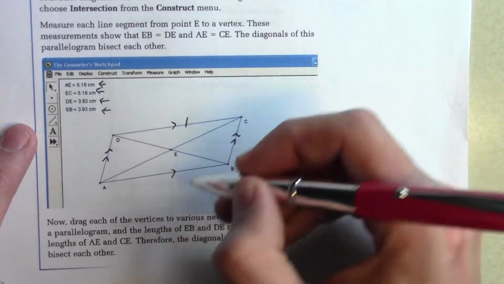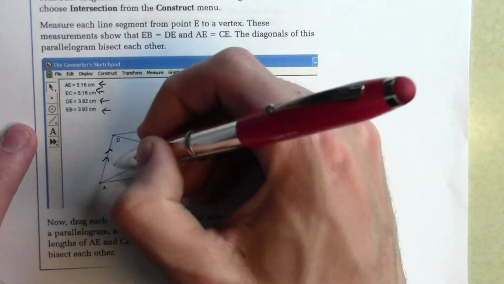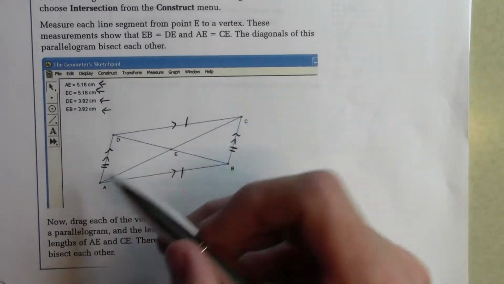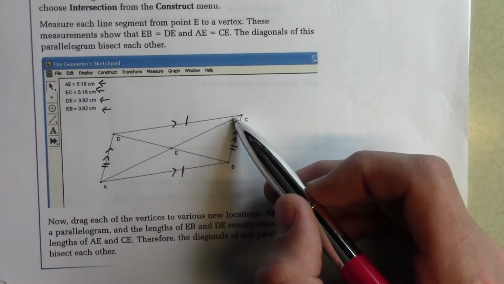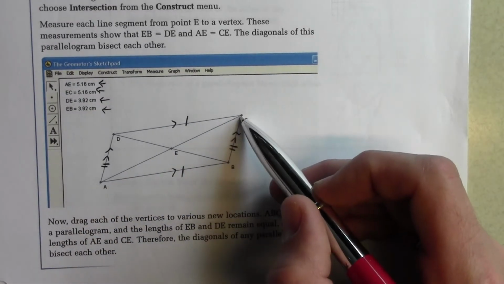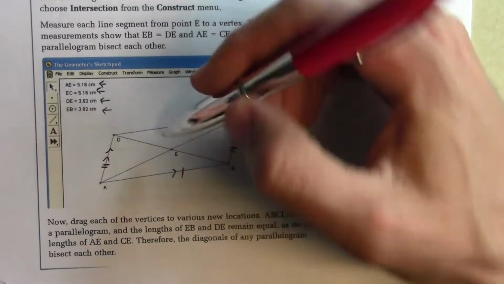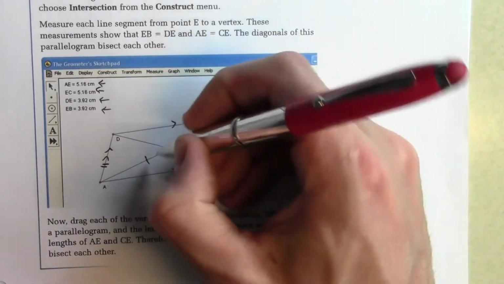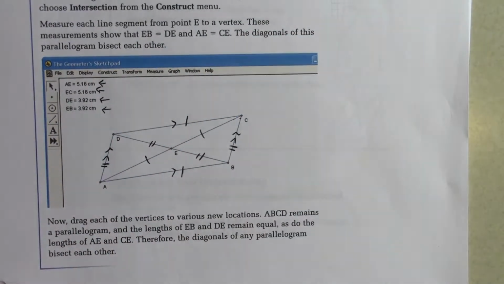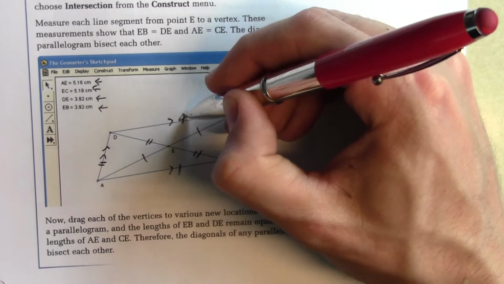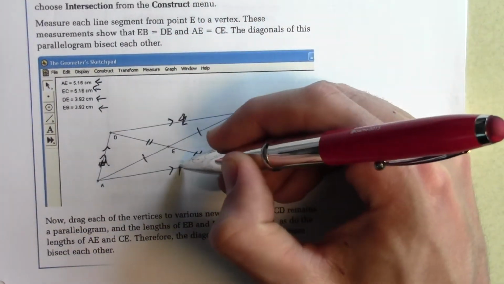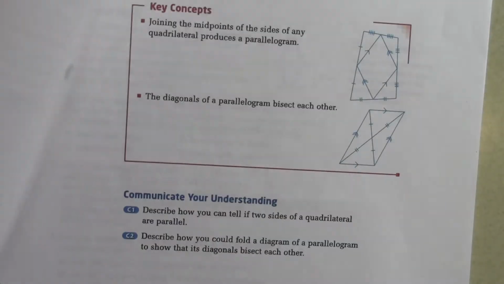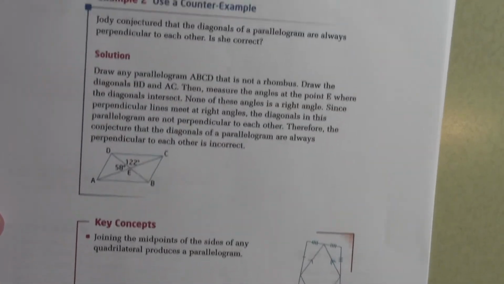So in a parallelogram, the diagonals, which are just the lines going straight across from opposite vertices, are going to bisect each other. These sides are not necessarily equal in a parallelogram.